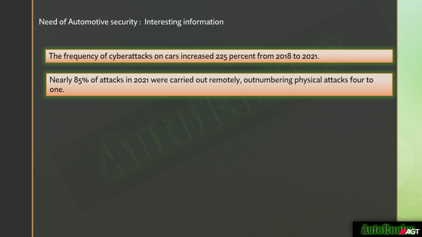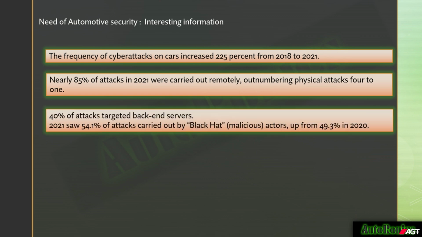Nearly 85% of attacks in 2021 were carried out remotely, meaning without physical access to the vehicle. Basically, the backend system helps the hackers achieve this. And then the trend of attacking backend servers led 2021 to see 54.1% of attacks carried out by malicious actors, up from 49.3% in 2020.